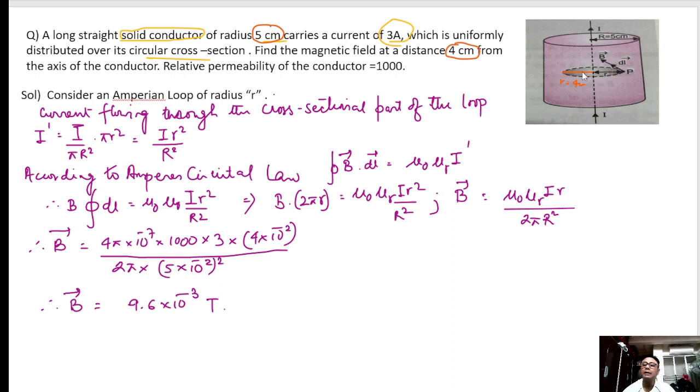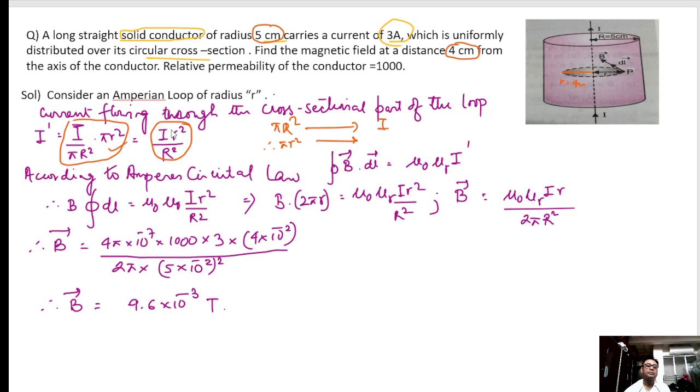So definitely current in this region will be less. So how to find out? Current only in that portion is this. Because in the whole pi r square, the current is I, therefore in the region pi r square, the current will be this.